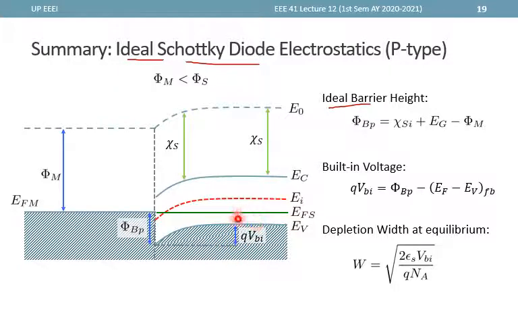And this here is EF minus EV at the flat band region, which can be solved based on the doping concentration. So now Vbi is based not only on the doping concentration but also on the barrier height. So the depletion width from the analysis we've done can be shown to be equal to this one. We've just replaced N_D with N_A.